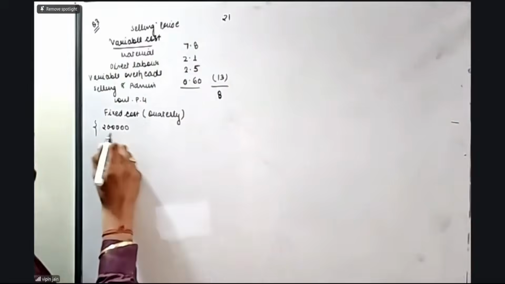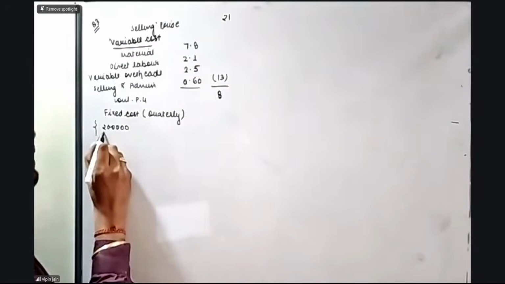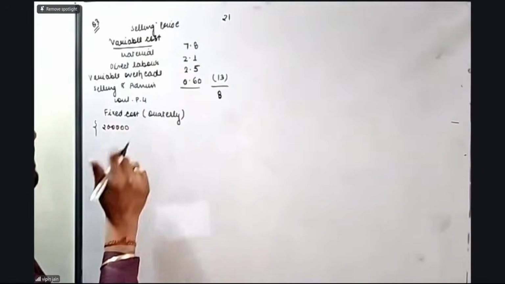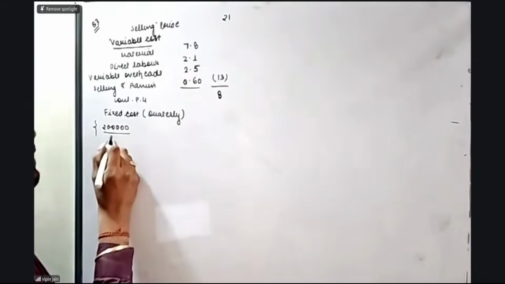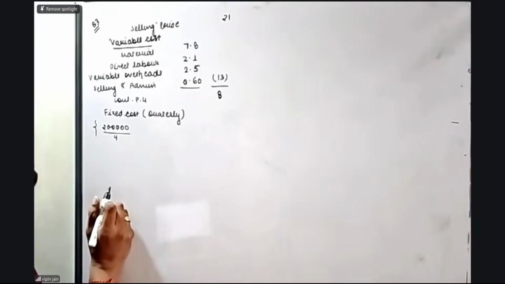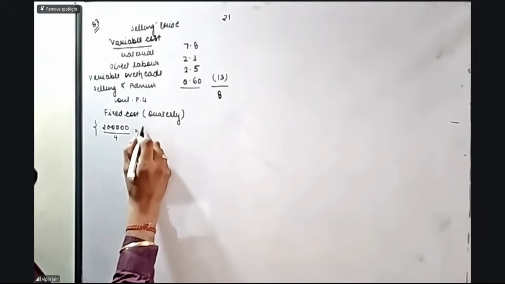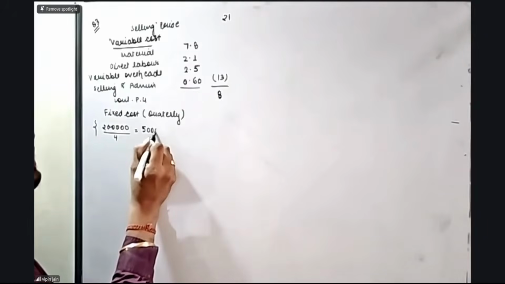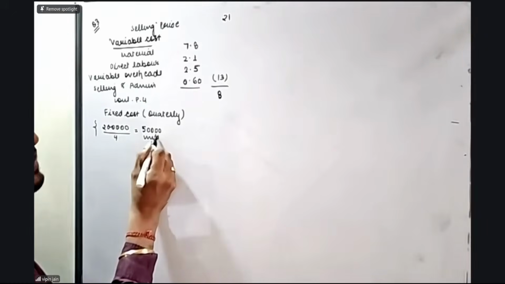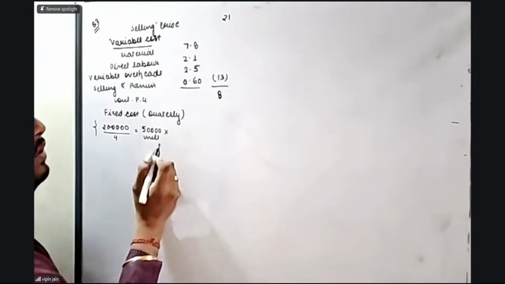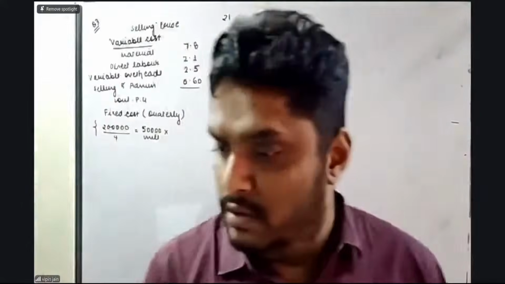It's for the year. So when talking about quarter, there are total 4 quarters in a year. It means 50,000 units quarterly we are manufacturing, into the fixed overhead is how much?